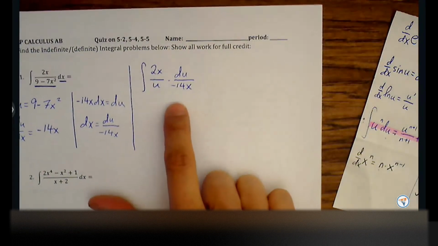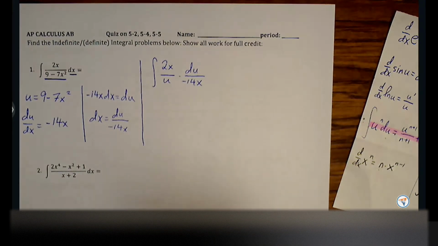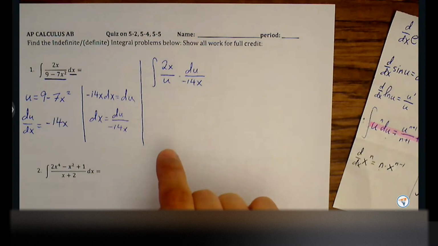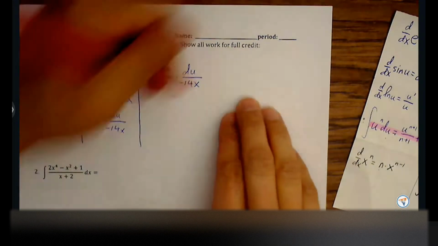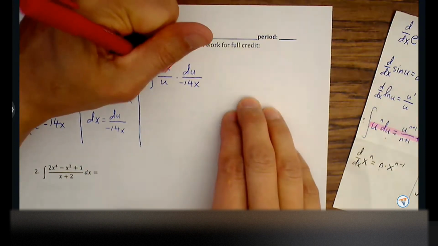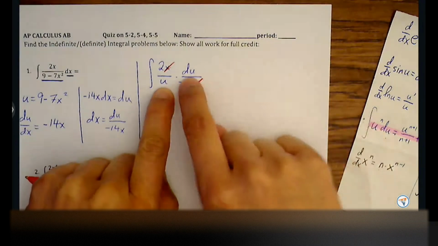All right, Emily, what happens here? You combine them together. Okay, and what goes away? Can you cancel out the x? Yeah, the x is canceled out. Can you cancel out the u too? Not the u. The u and du are separate things.